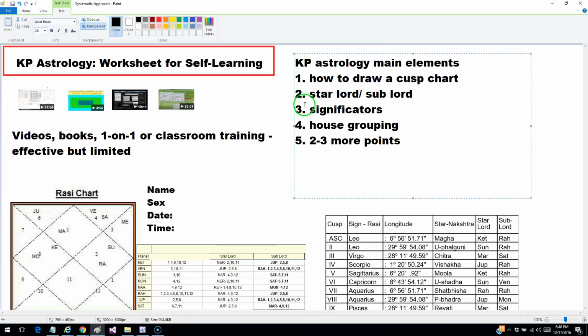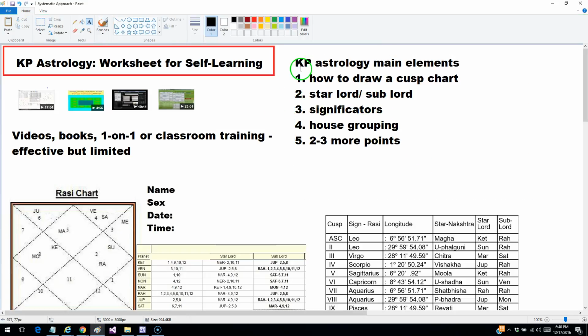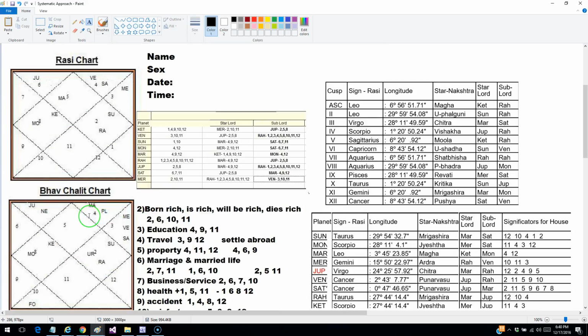So that is what you need to know, that if you want to draw a cusp chart, you know, because in KP astrology, a Bhav Chalit or the cusp chart or the Placidus chart is used. So you might want to know how this chart is calculated and how the planets are placed in this chart.